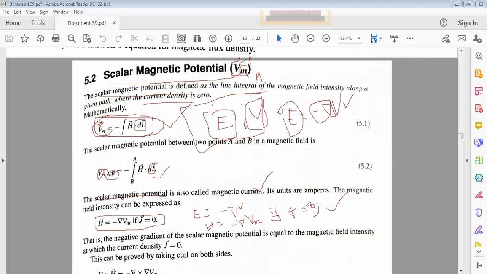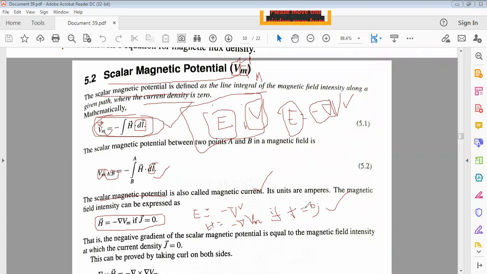That's why Vm equals minus the integral of H dot dl. For a finite line with two ends A and B, the resultant potential between the two points A and B is Vm of A comma B equals minus the integral from B to A of H dot dl.